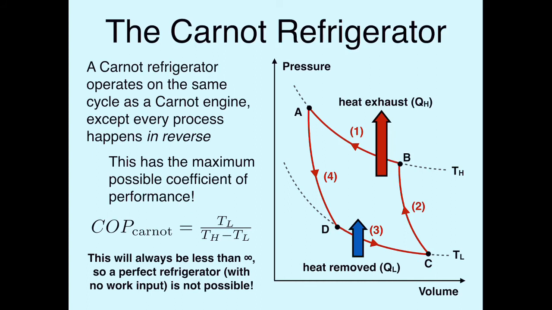So a perfect refrigerator where you don't put any work in, that gives you an infinite coefficient of performance, that's not possible. The highest you can get is this value here. The last thing to say about this is the temperatures must be given in Kelvin for this formula to work. So just like before, assume absolute temperatures in units of Kelvin when you use this formula.